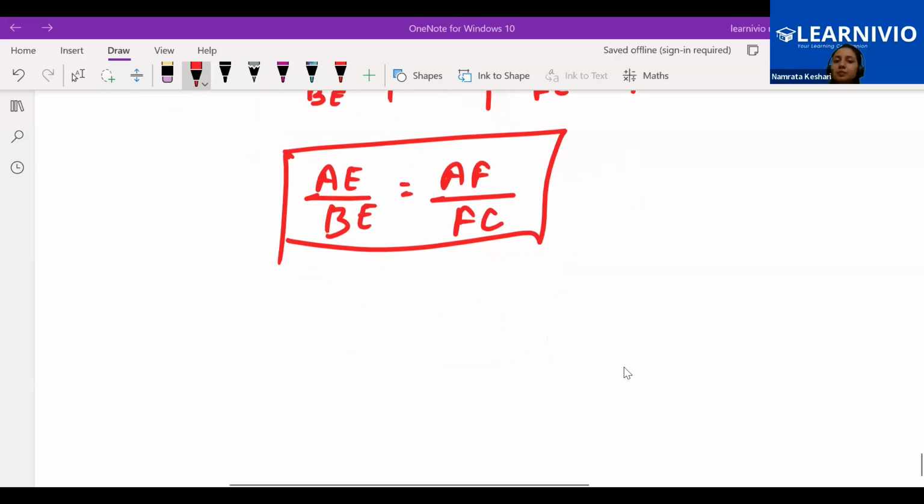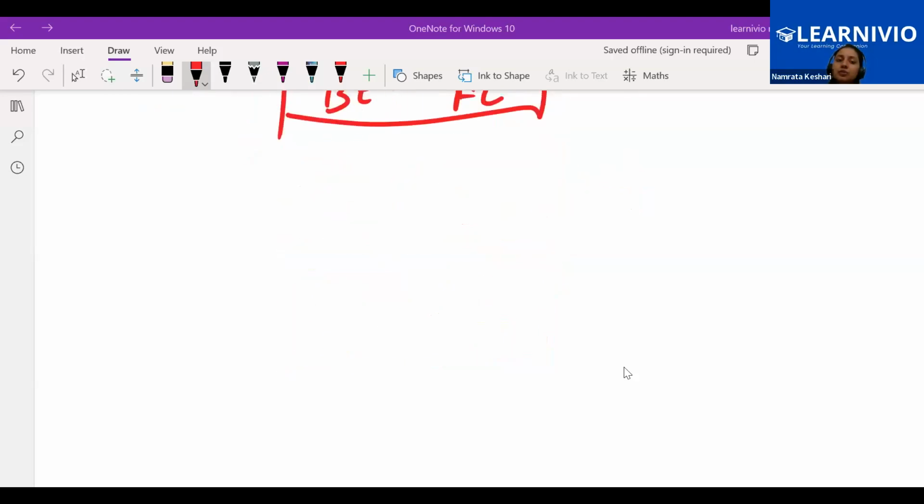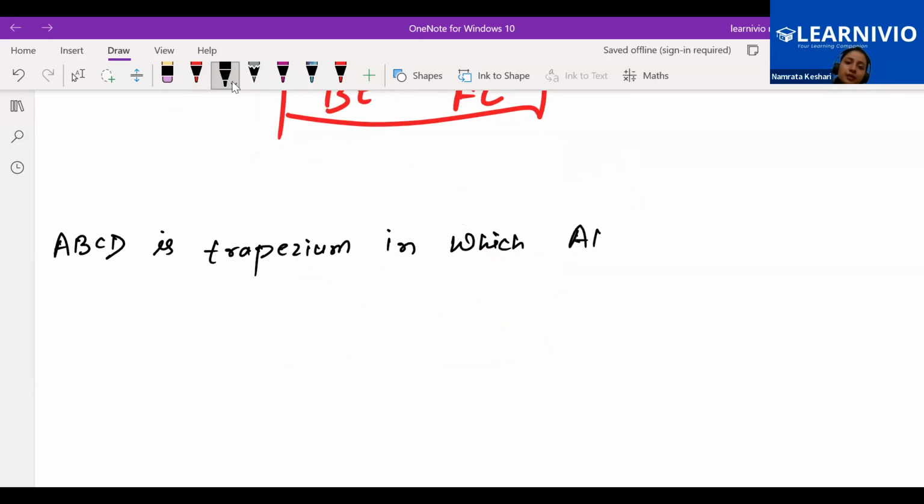Yeah, it's that simple. Okay, let's do the next leftover questions. I want to finish this exercise today only. ABCD is a trapezium in which AB is parallel to DC and its diagonals.